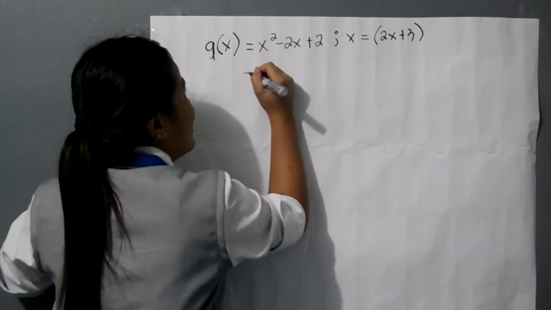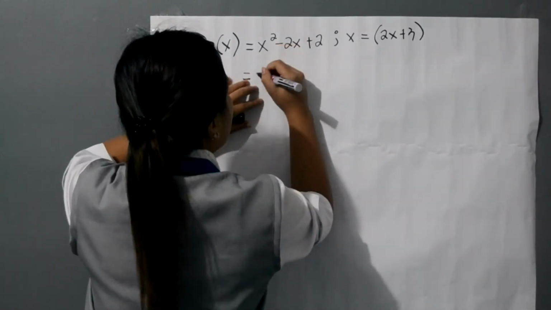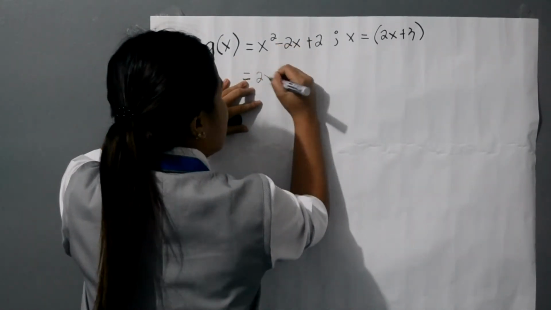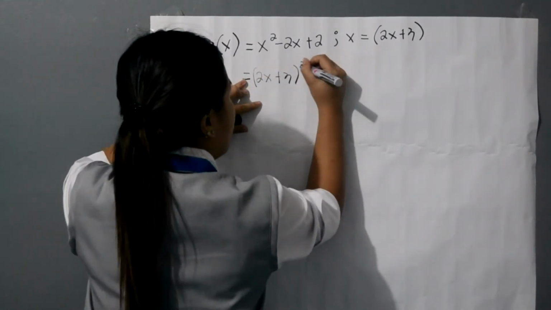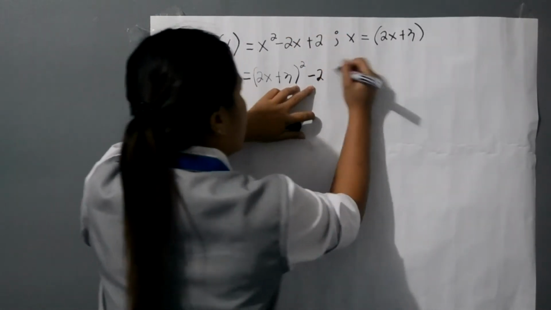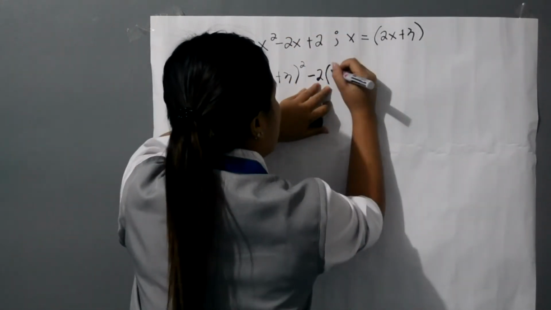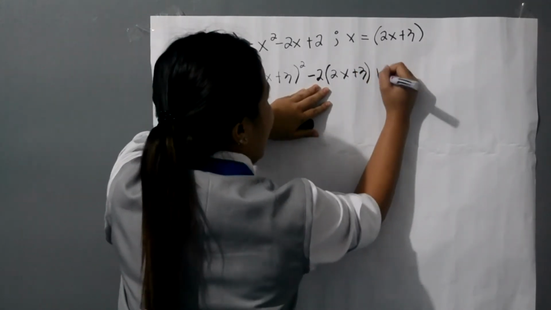So, papalitan si x ng 2x plus 3 raised to 2, minus 2 times 2x plus 3, plus 2.